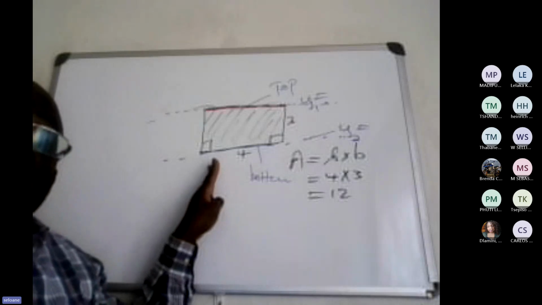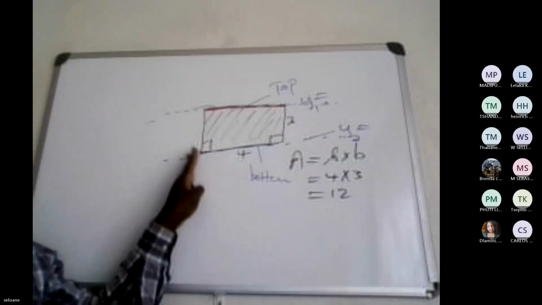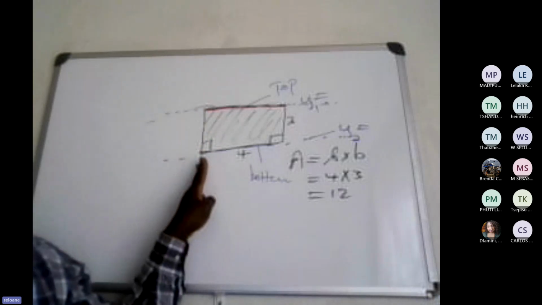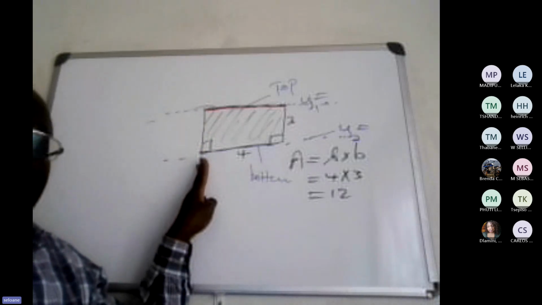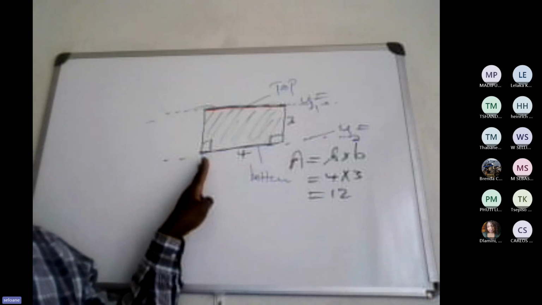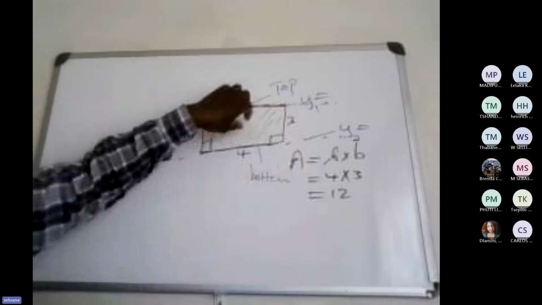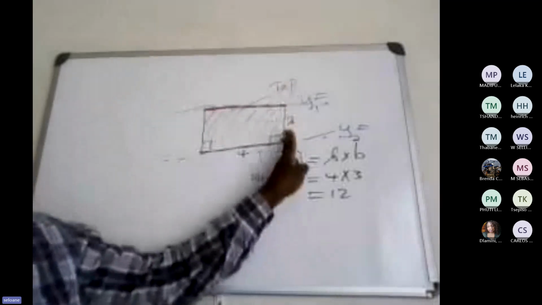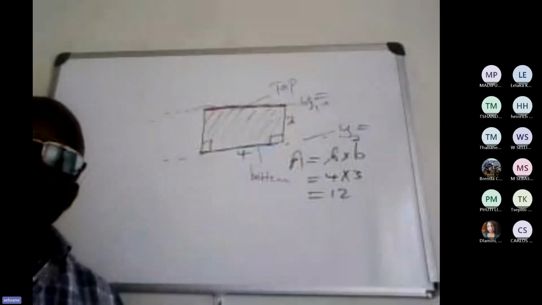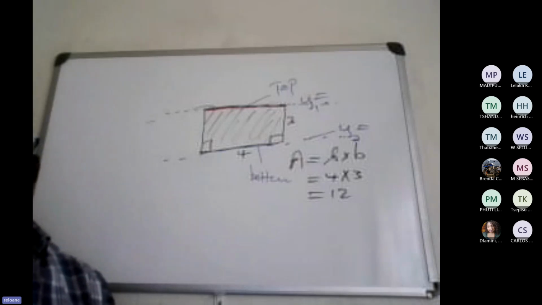This is forming the left boundary of our region. Because it's a vertical line, it will be given by the line x equal to 3, x equal to 4, or whatever. The same thing with this one. It will form our right boundary, or our right wall, or our right fence.